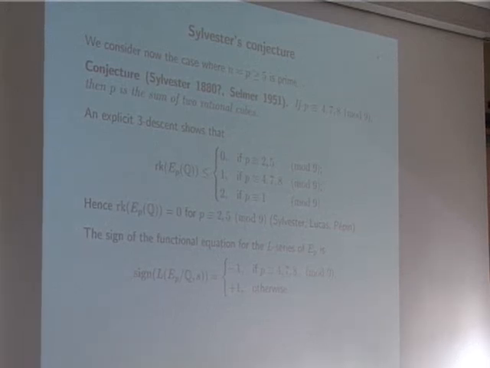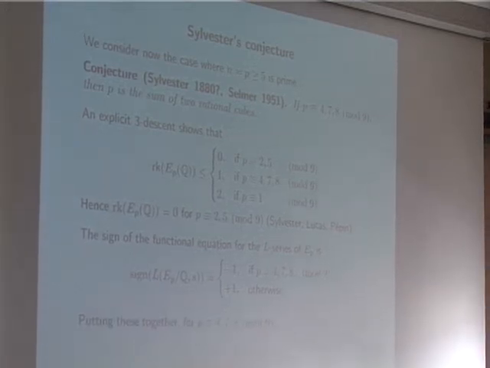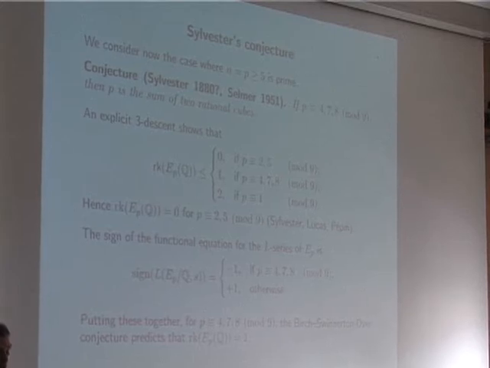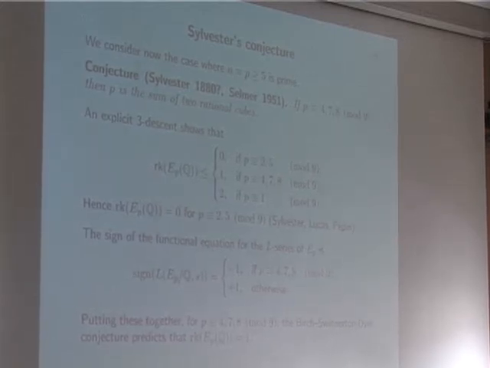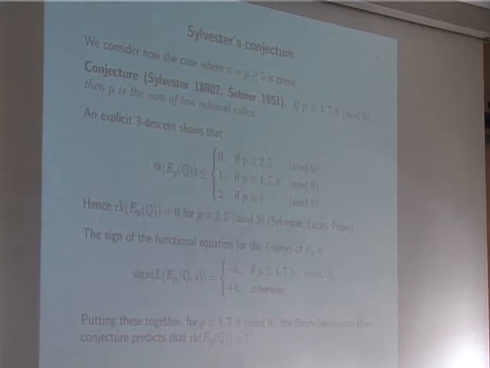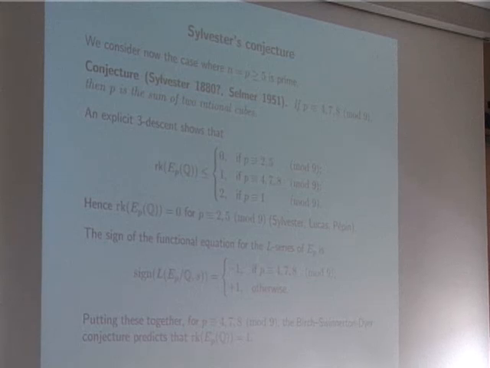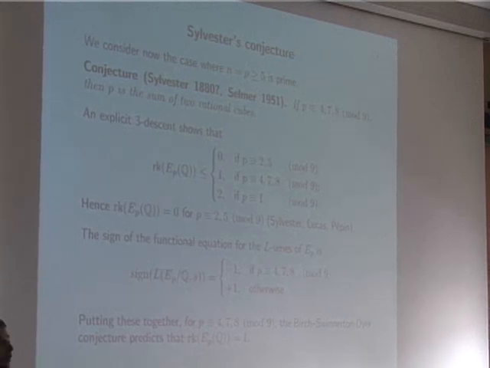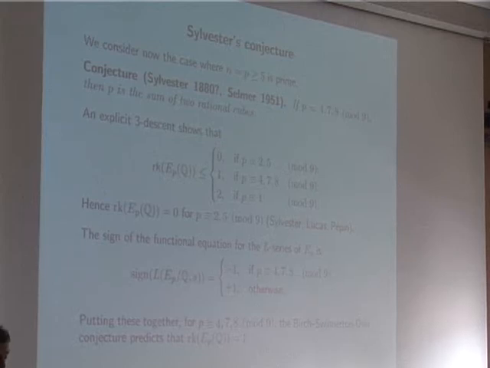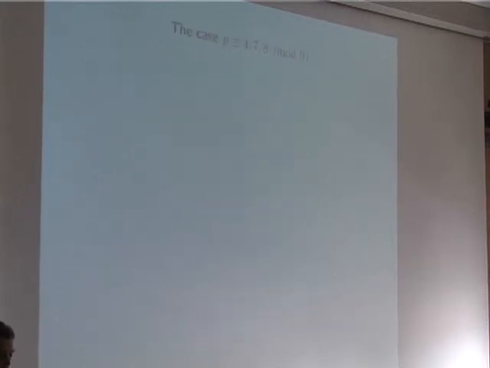So that means that if you believe in the Birch and Swinnerton-Dyer conjecture, for p is 4, 7, or 8 mod 9 the analytic rank should be odd, and we know that the analytic rank should be equal to the algebraic rank. We know the algebraic rank has to be less than or equal to 1, so we expect it to be equal to 1. So that's why the congruence classes p is 4, 7, or 8 are distinguished in that way. So that's what we expect.